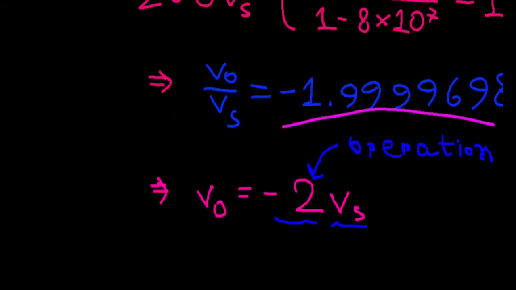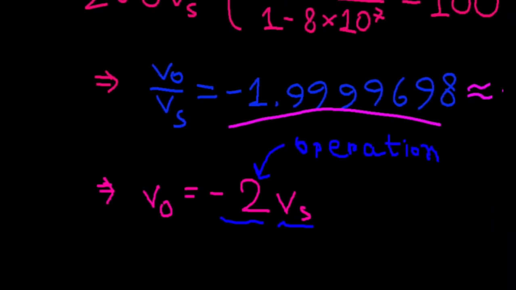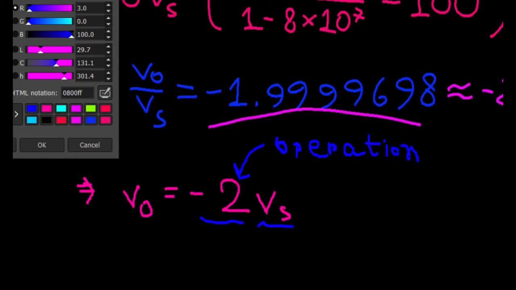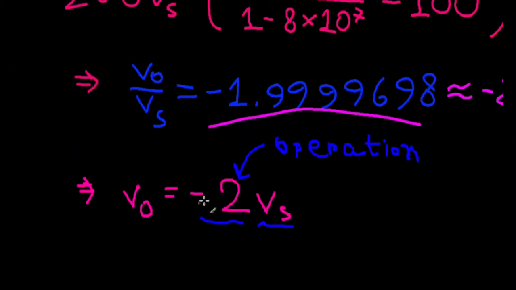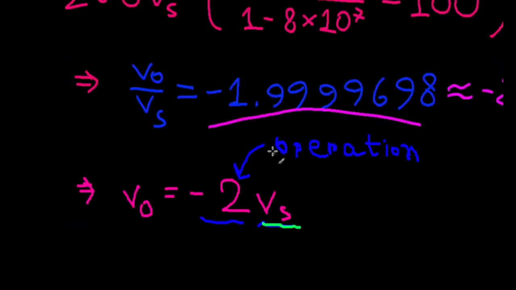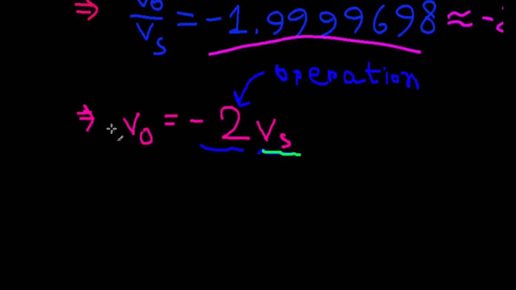at least in terms of magnitude, you can see that this has been amplified. Your input, or supply signal, was this, and the output is a magnified, or amplified, version of that.